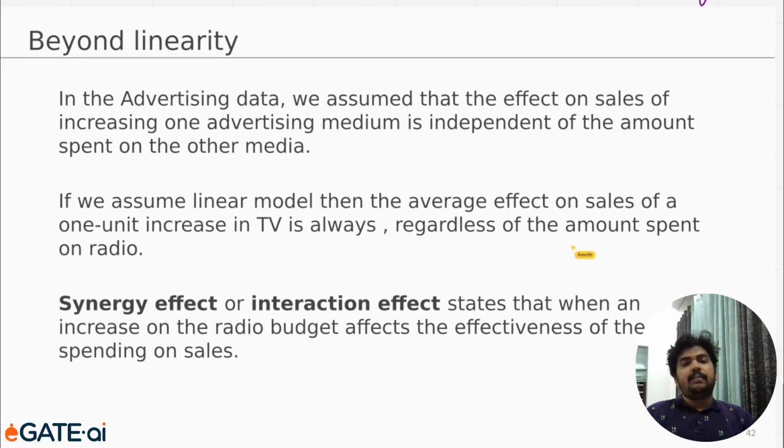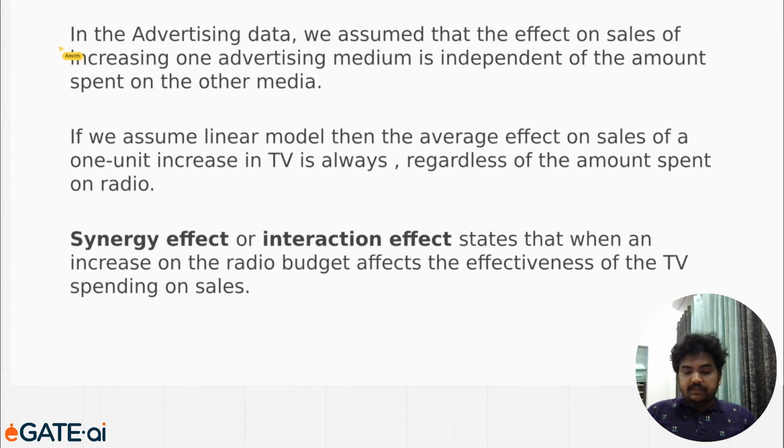Coming back to our question, so far we have been assuming that what we model is a linear model, where all the coefficients are linear. If we assume a linear model, then the average effect on sales of a 1 unit increase in TV is always beta 1, regardless of the amount spent on radio.